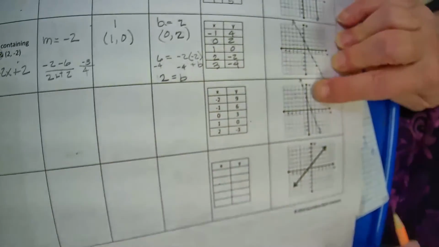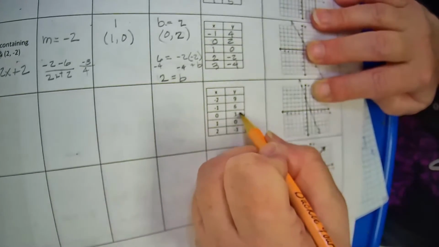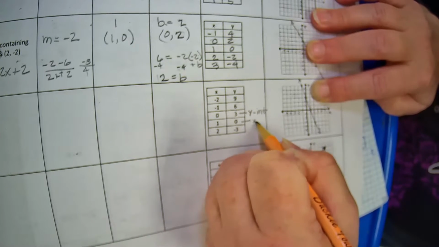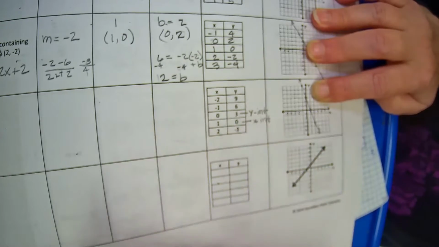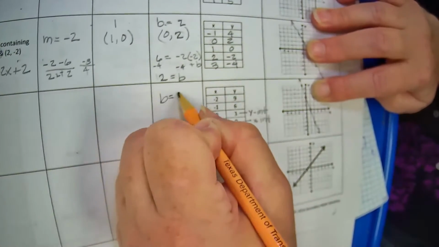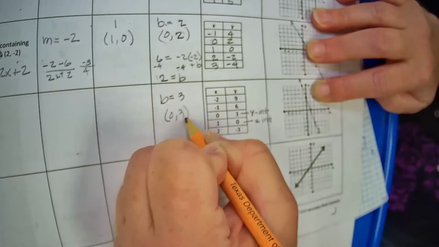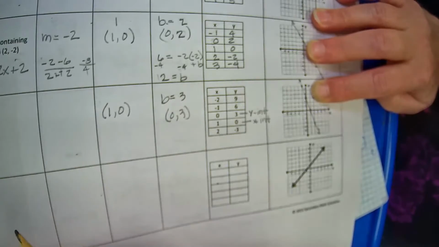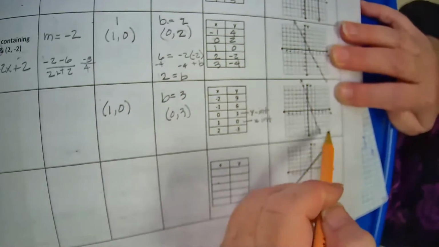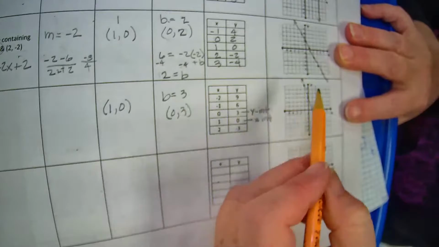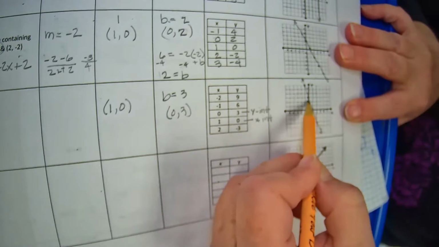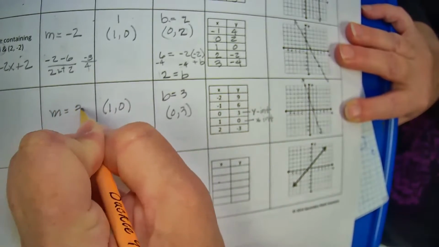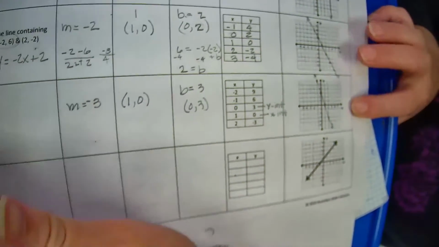Now, you can pull your x and y intercepts off the graph, or you can pull them right here. This one is your y-intercept. This one is your x-intercept. So either way, and we can either get our slope from the line or from the table, but it's -3, right?